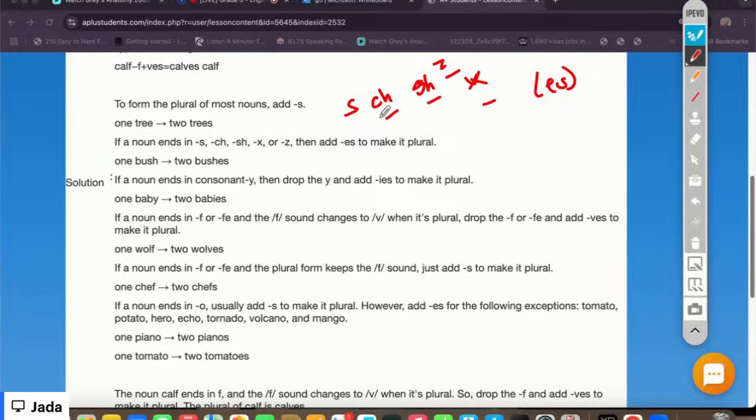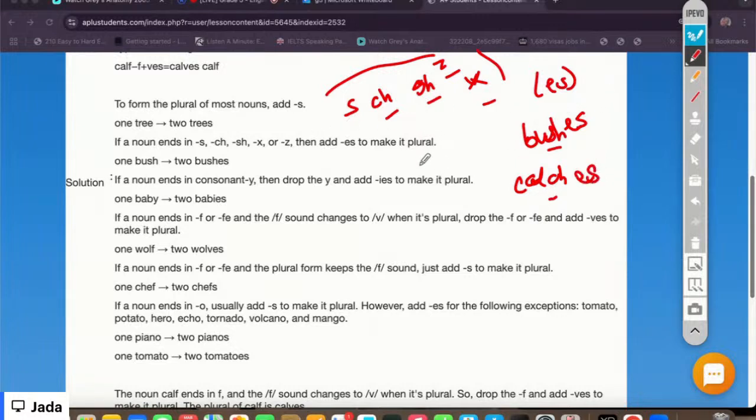So if they end with any of these, then you would add what? Es, okay? Just like we have bush, it ends with sh and it becomes bushes. We could have catch, ch, and you add es, it is catches.